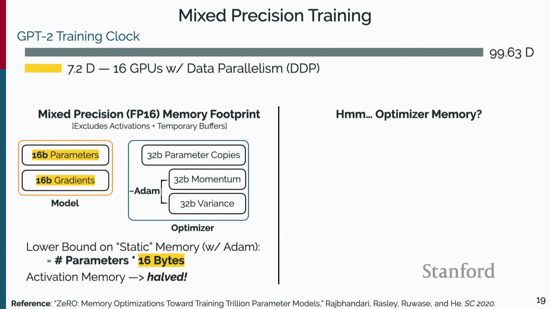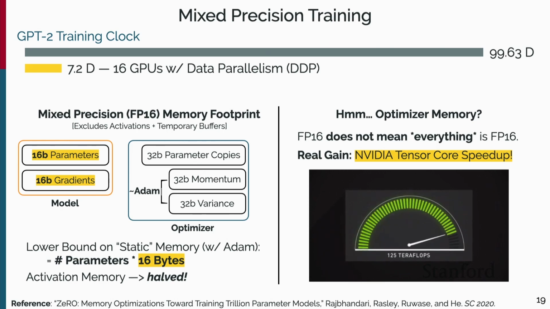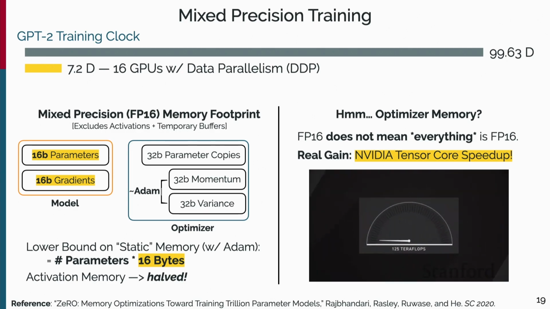And the reason for that is most NVIDIA GPUs, starting with the Volta cards, started shipping with these things called tensor cores. Tensor cores are basically the individual logical units on a GPU that are responsible for matrix multiplies. Your GPU is really good at accelerating neural network training because it's really good at doing matrix multiplies.